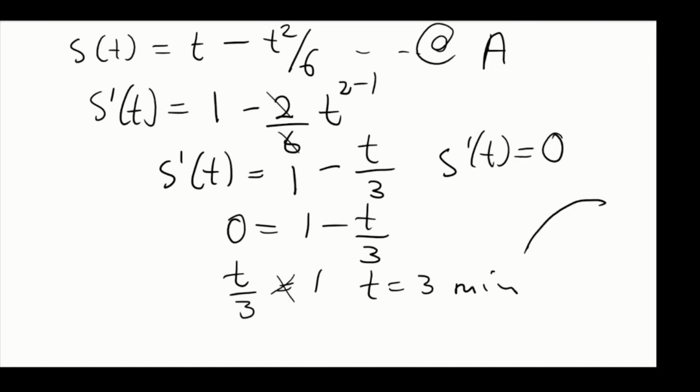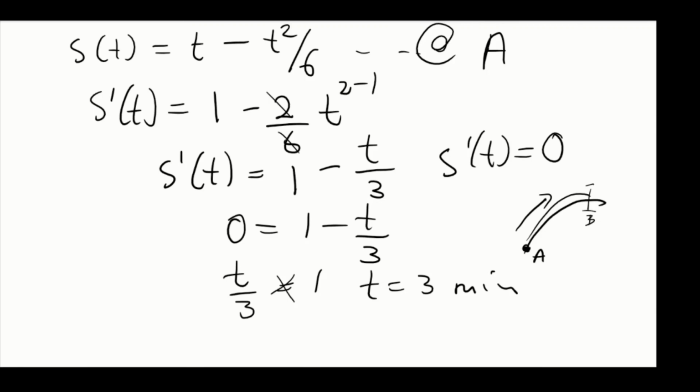If you remember, point A is here. We don't know if it's going to arrive at point B, but we know that it's going to move for 3 minutes. So we want to identify the distance that it's going to move in those 3 minutes.